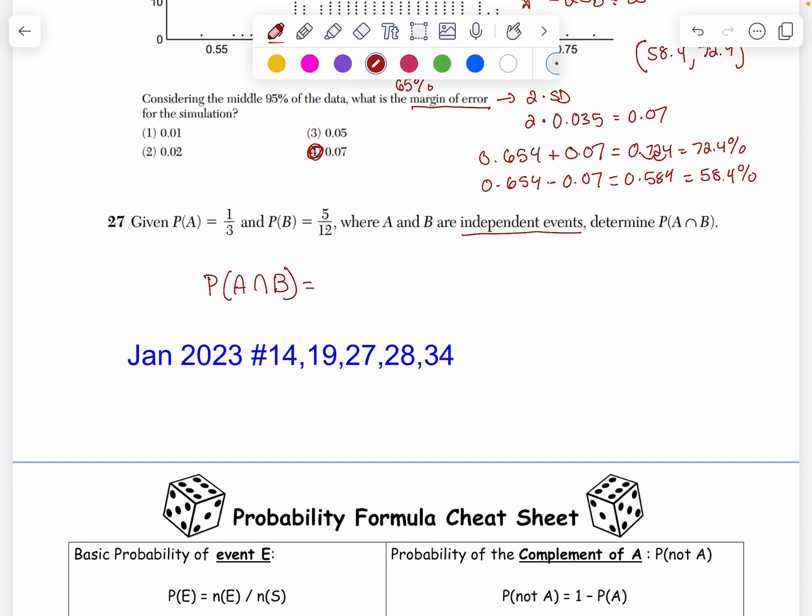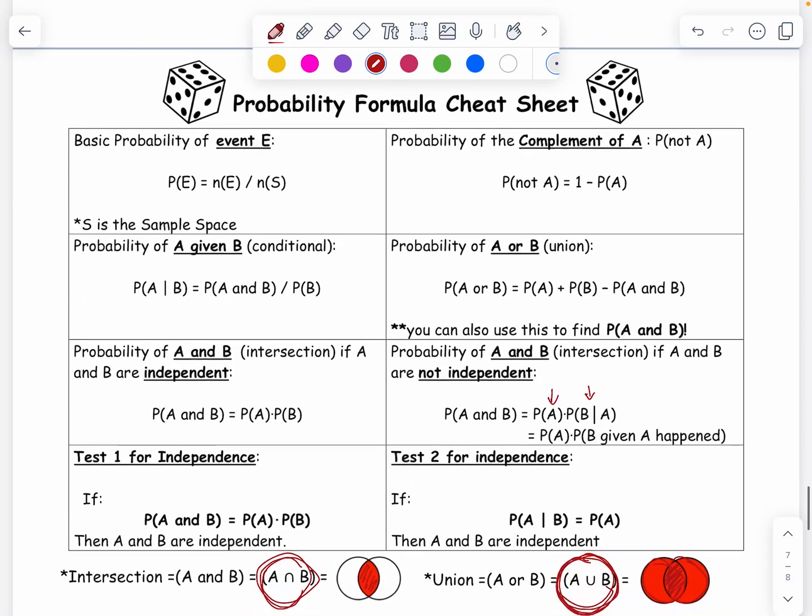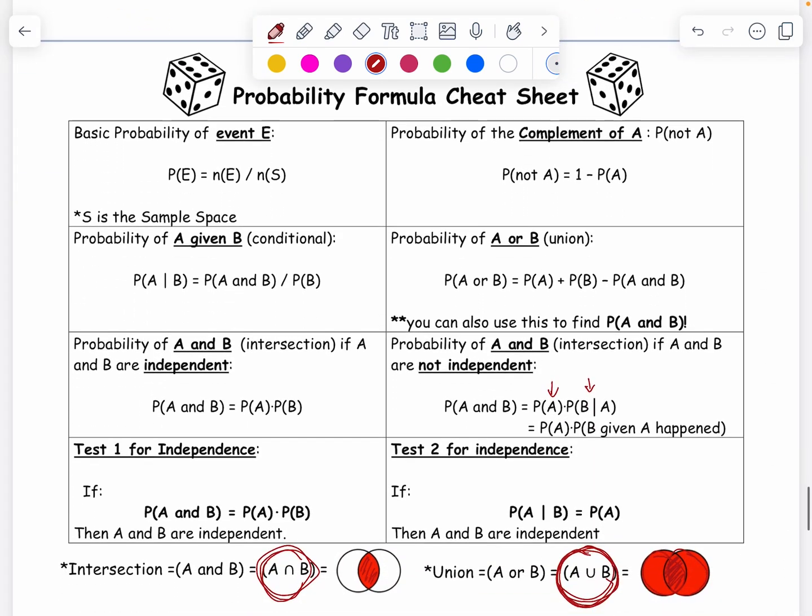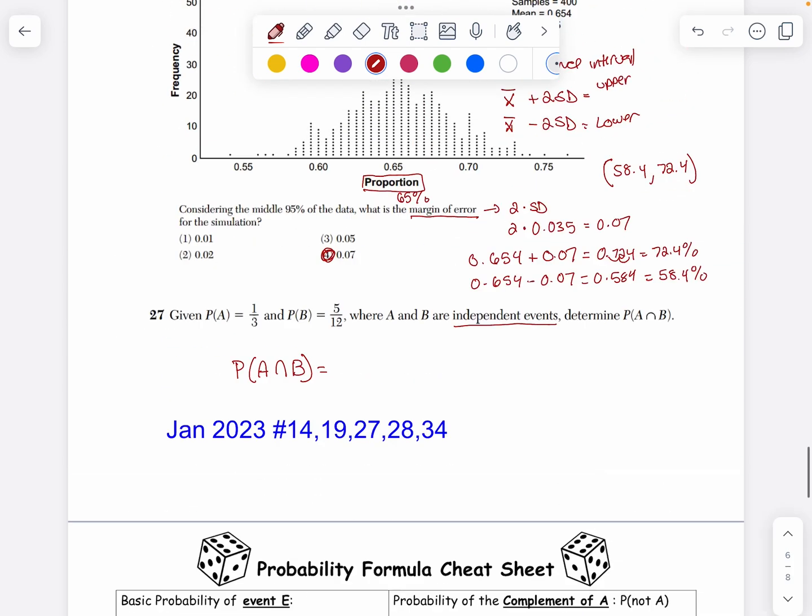And we know it's independent, so I go to where it says independence. Okay, if it is independent, which we know, we're not trying to prove it, we're in this box right here. We know that probability of A and B, which from down here we know is A intersect B, is equal to the probability of A times the probability of B. And so, what am I doing here?